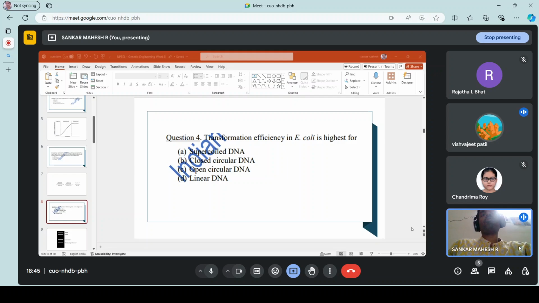For a moment, we'll forget about the physical difficulties that a linear DNA will have to enter the cell. We'll assume that this DNA has entered the cell. Now, how easy is it for the cell to maintain this DNA? Because that also is a part of the transformation efficiency, right? So, do you have any thoughts about it?